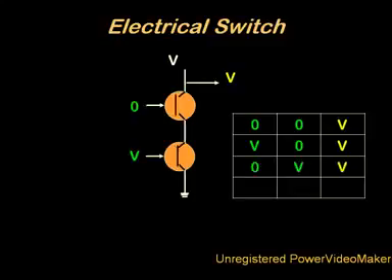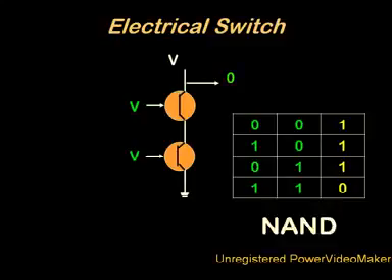Similarly, 0 on the top, voltage on the bottom, it's not connected. I still see a voltage on the top. But if I applied a voltage to both inputs, that completes the circuit and gives me a 0 voltage reading at the top. Interpret the presence of voltage as a 1, the absence of voltage as a 0, and we have a truth table. Yes, indeed, Virginia, we've just built a NAND gate out of 2 vacuum tubes.